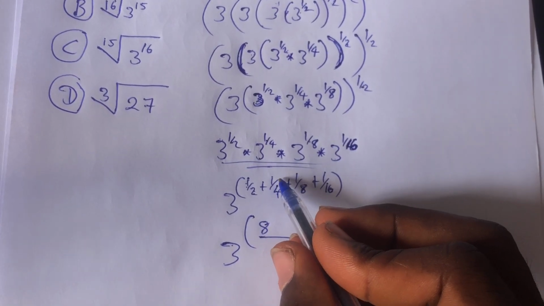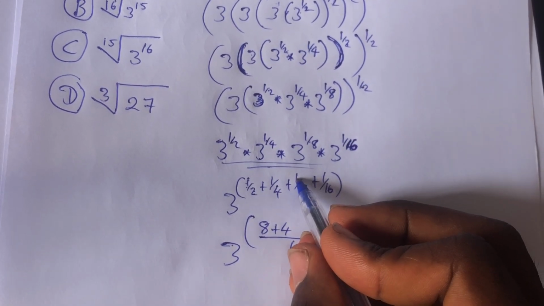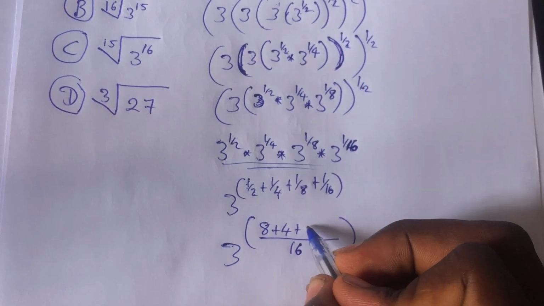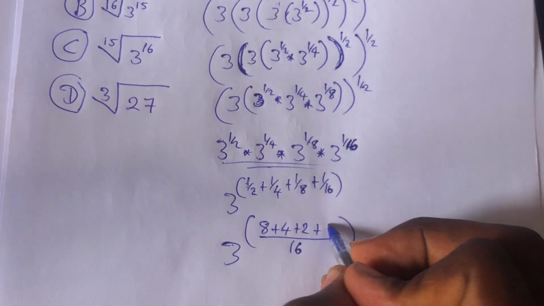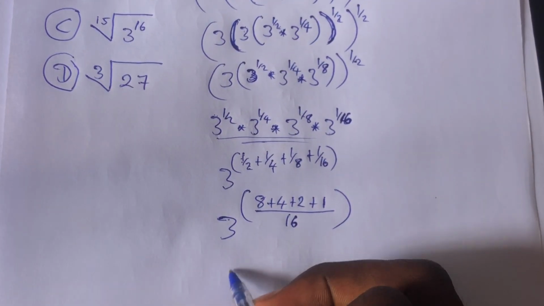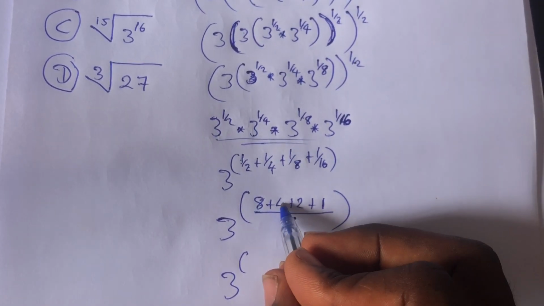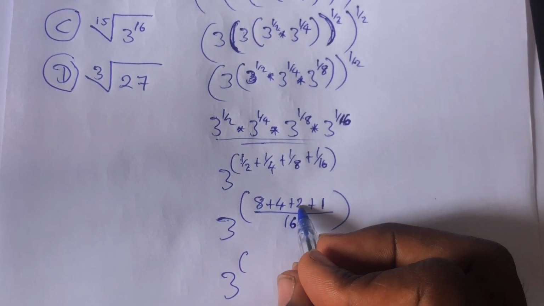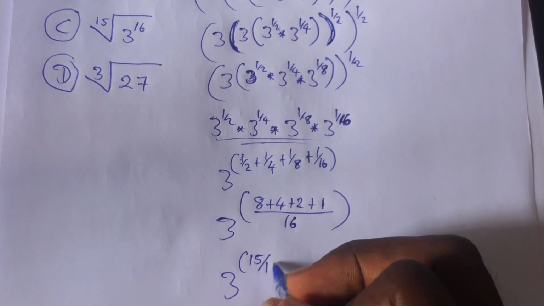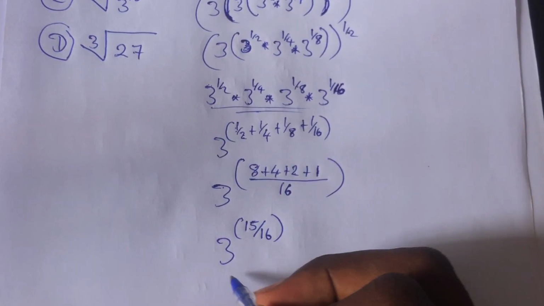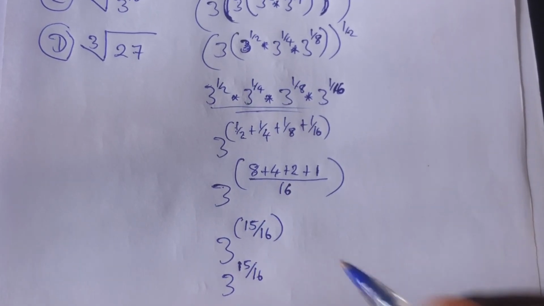Then 16 times 1 divided by 4 is going to give you 4. 16 times 1 divided by 8 is going to give you 2. 16 times 1 divided by 16 is going to give us 1. So this is the same thing as 3 raised to power 8 plus 4 is 12, plus 2 is 14, plus 1, which is 15, divided by 16. So this is the same thing as saying 3 raised to power 15 over 16.